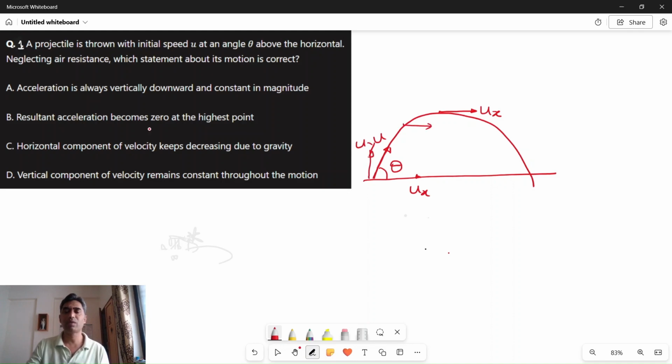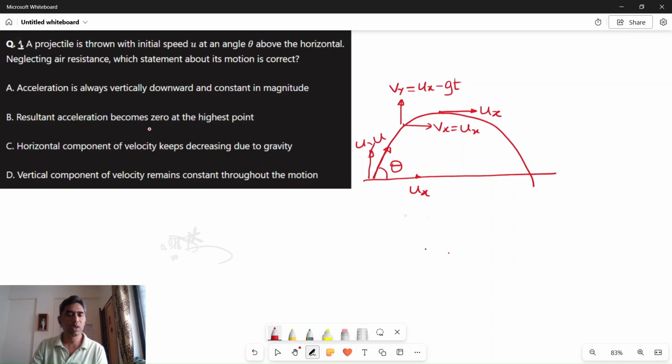After a time t, vx will remain ux. The horizontal component will not change, whereas the vertical component will go on changing as per uy minus gt. At the highest point, the vertical component of velocity is zero, but the horizontal component remains. So resultant acceleration becomes zero.